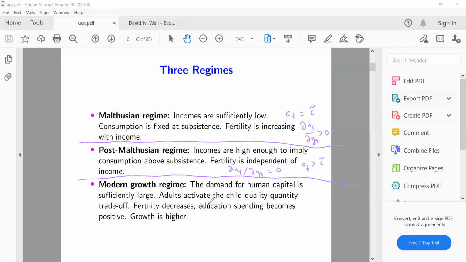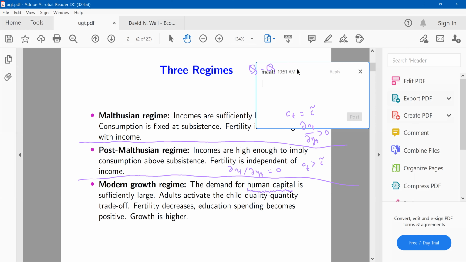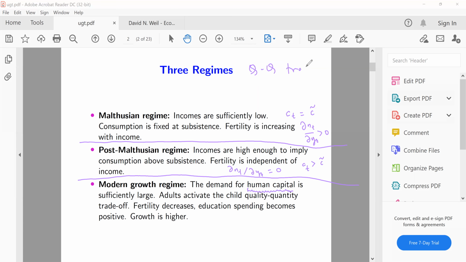And finally, there comes a regime which is called the modern growth regime. Here, the demand for human capital is sufficiently large, so that's important. Human capital. Okay, so in this model, we're going to have a quality-quantity trade-off.